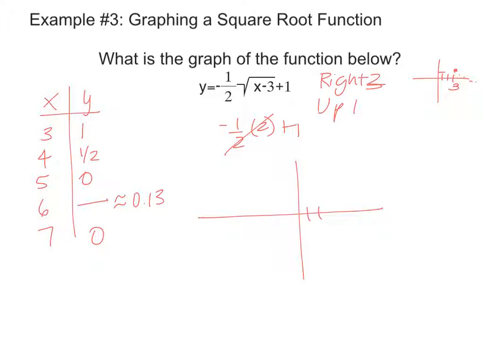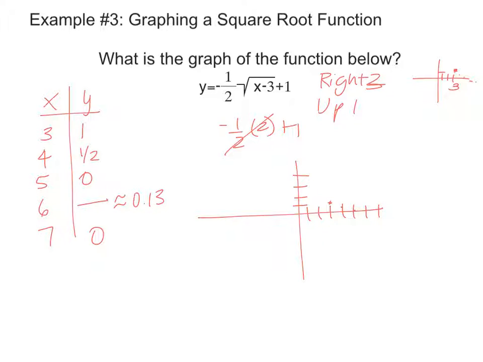Okay, so 1, 2, 3, 4, 5, 6, 7. So 3 is 1. 4 is 1/2, so it's a little lower. 5 is 0. 6 should be below that. So let me just go ahead and type this into the calculator. I'm actually going to throw 6 and 7 into the calculator.